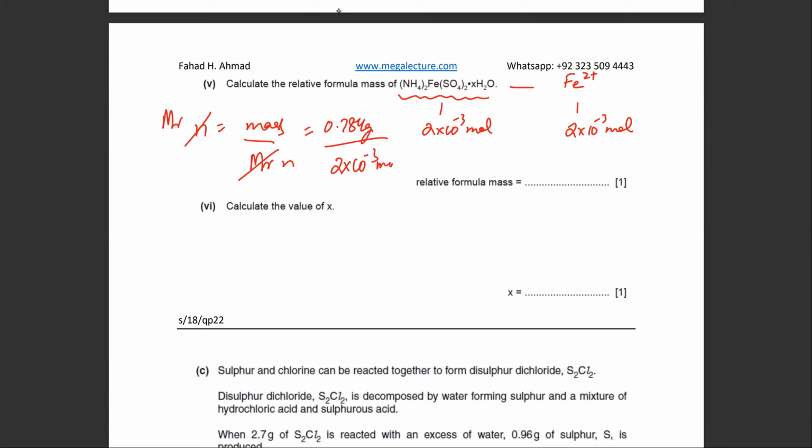Can anyone quickly tell me what's the MR now? You can remember he gave you the mass of the salt initially, and you figured out the moles of the salt as well. So what would you get for this?